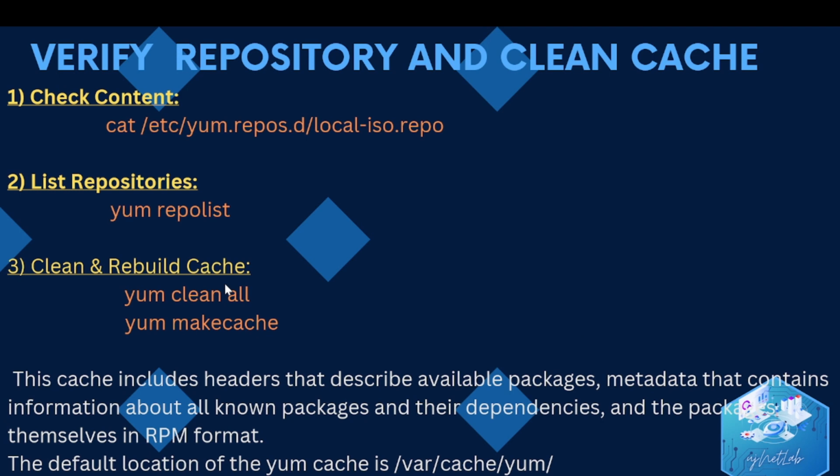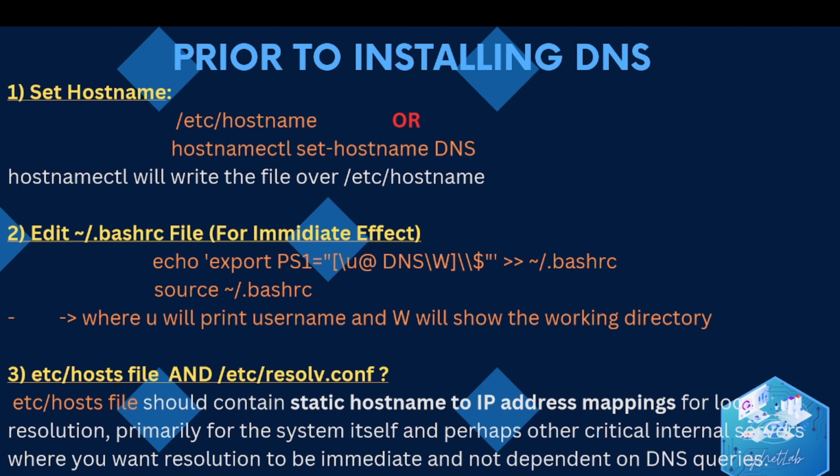We can also do a clean and rebuild of the cache. The cache includes the headers, basically metadata which includes all the information about the packages and their dependencies in RPM format. The default location is /var/cache/yum. But I'm not going to do it. It's fine. So now our repository is set.